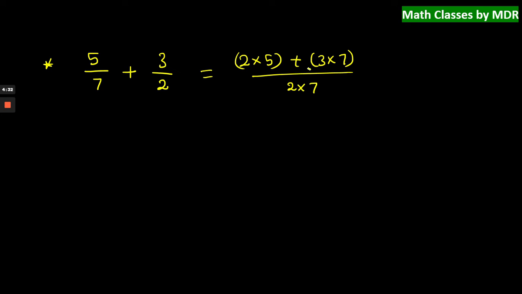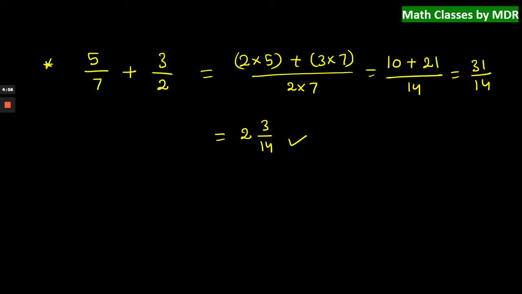That's it, the problem is over. So 2 into 5 is 10, 10 plus 3 into 7 is 21 by 14, which is equal to 31 by 14. Right? You can write it in mixed fraction because 31 by 14 is an improper fraction. So you can write it as 2 3 by 14. That's it, the problem is over.